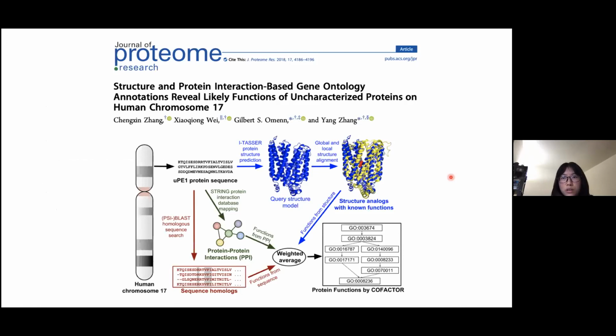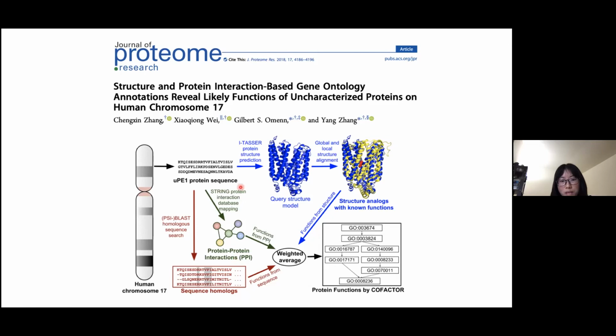I want to mention that we use I-TASSER-COFACTOR to predict protein function for uncharacterized proteins. This method includes 3 parts: protein sequence alignment, protein-protein interaction prediction, and protein structure prediction. For example, for this protein sequence, after we get it, we will do PSI-BLAST to get the sequence homologs.